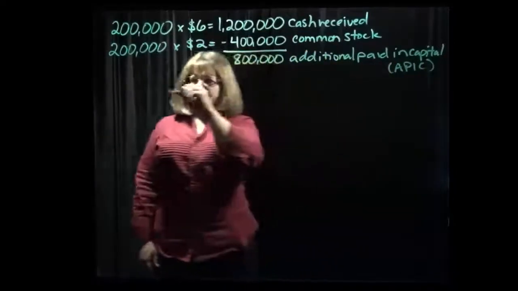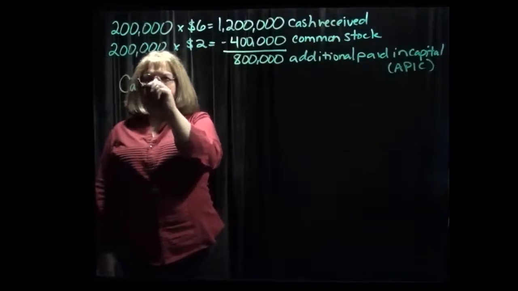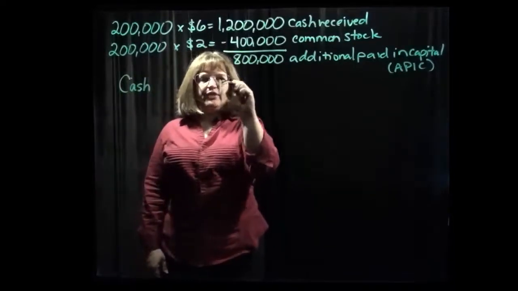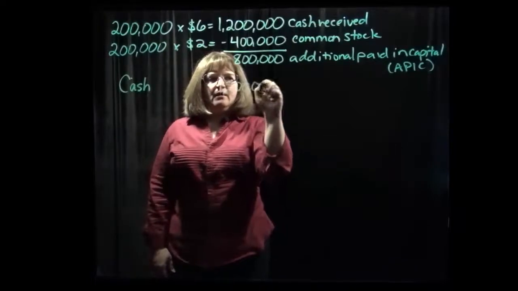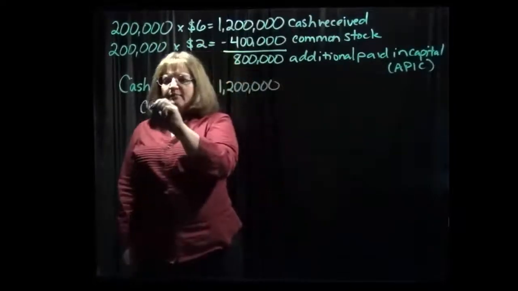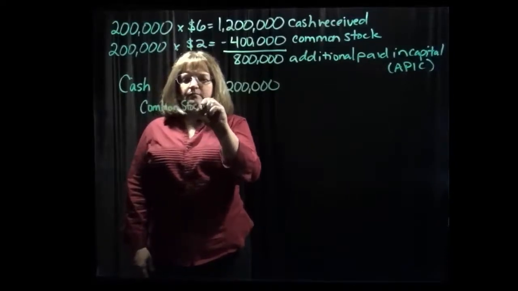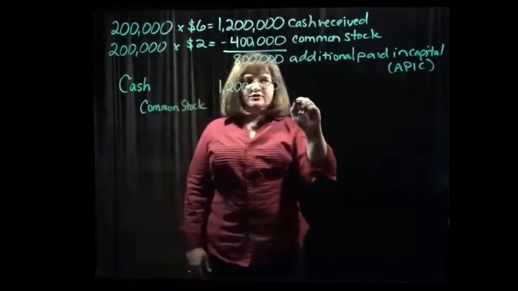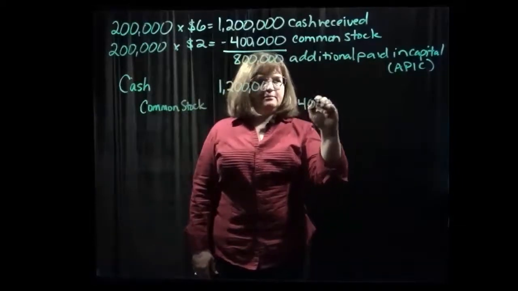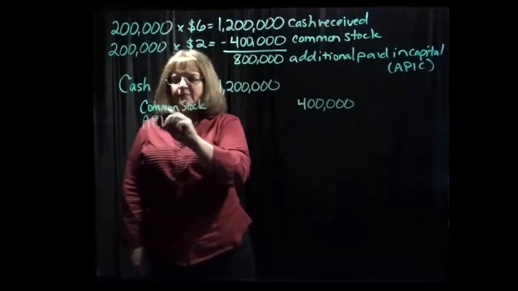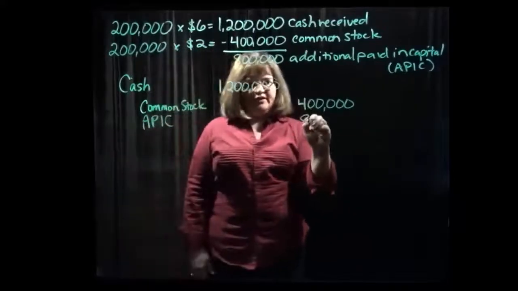To make the journal entry then, we're going to increase cash by the 1.2 million, so we're going to debit cash for that amount. We're going to credit common stock for the 400,000 par value of that stock, and we're going to credit additional paid-in capital for that difference of 800,000.